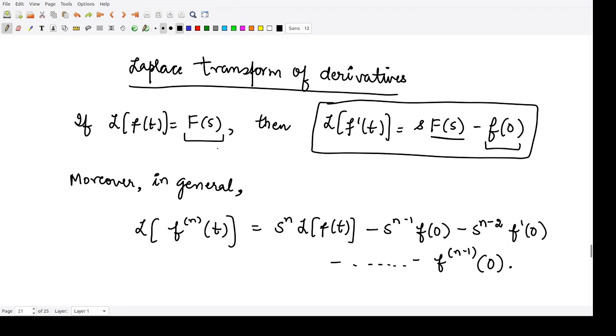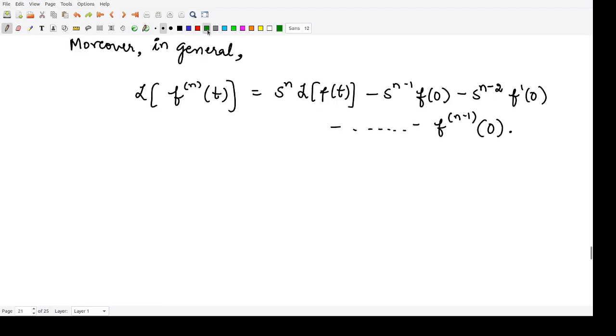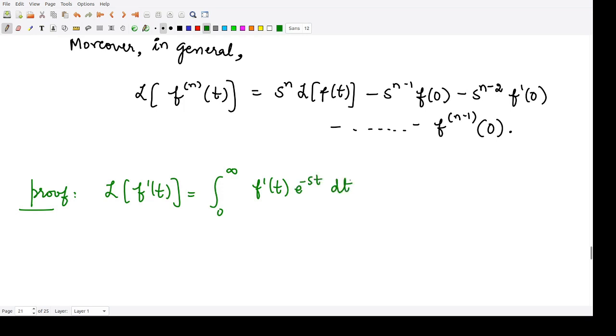So moving ahead, let us try to prove this. For the proof, we will first calculate the Laplace transform of this derivative function. By definition, this is equal to the integration from 0 to infinity of f dash t into e to the power minus st dt. Here we can call e to the power minus st the first function and f dash t the second function.